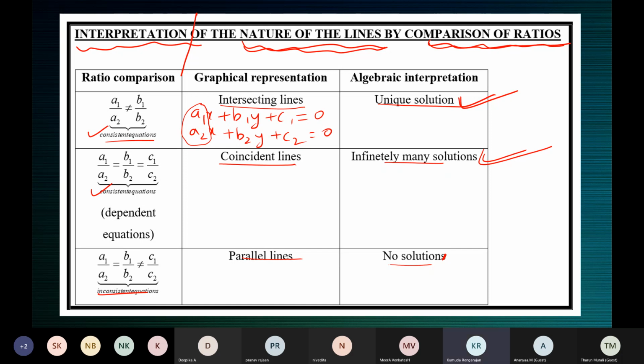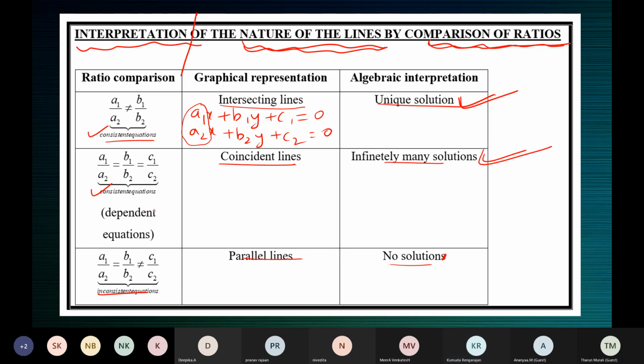Inconsistent equations have no solution.